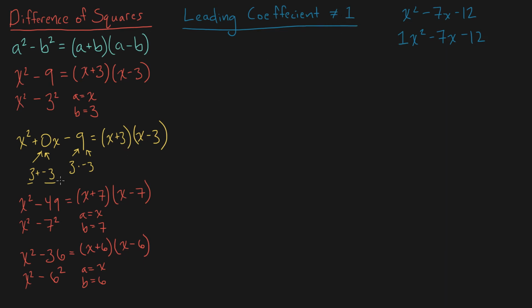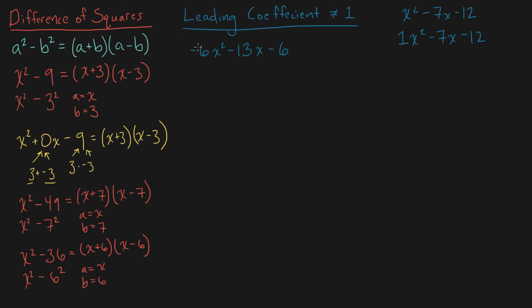So we're talking about scenarios where the leading coefficient is not 1. Let's look at one of those examples. Let's say I have negative 6x squared subtract 13x subtract 6. I want to factor this into factors, and the way that I'm going to do that is follow a similar process to when we have 1 as our leading coefficient, but it's just a little bit more involved, so let's walk through it.